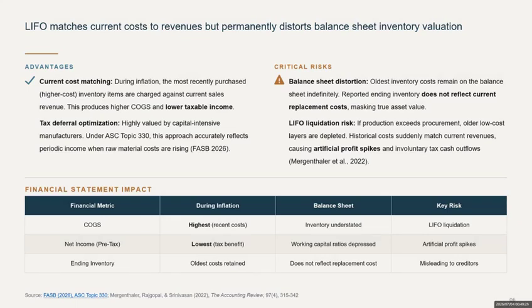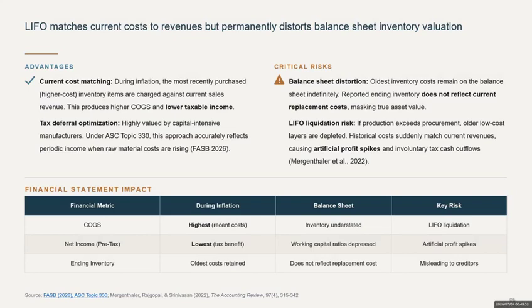During economic inflation periods, the cost of newly purchased raw materials continues to rise. So the LIFO method reflects this higher current procurement cost in operating expense, aligning precisely with current sales revenues and complying with the matching principle.